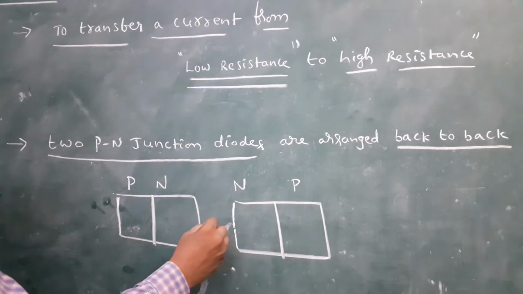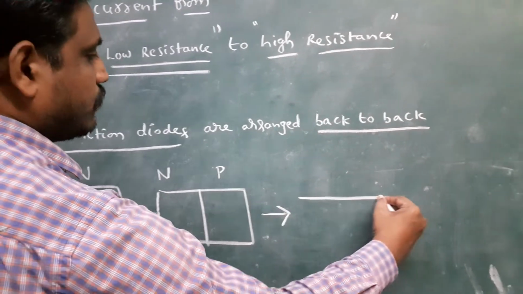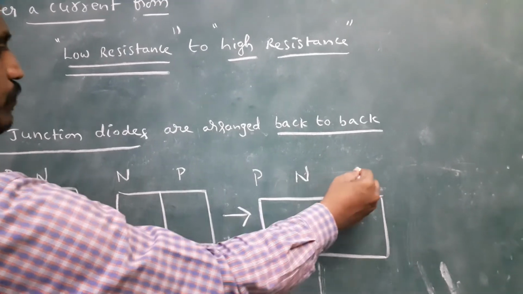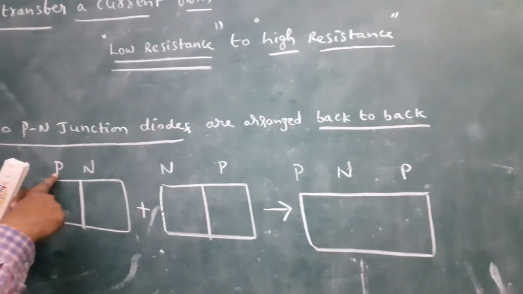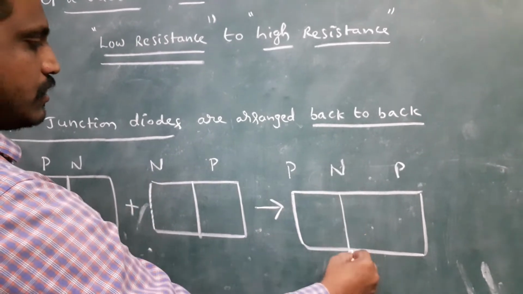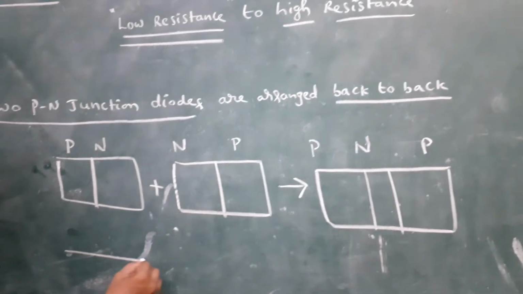PN, NP, both are added together. It will look like P, N, P. Okay? P, N, P.